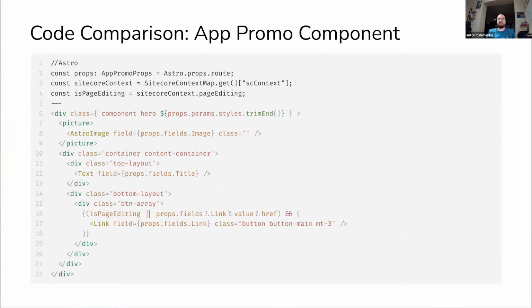Very similar and actually nothing special. And of course, it's a matter of taste which code you like more. But Astro code usually is a little bit shorter and a little bit more like HTML, not like JSX.